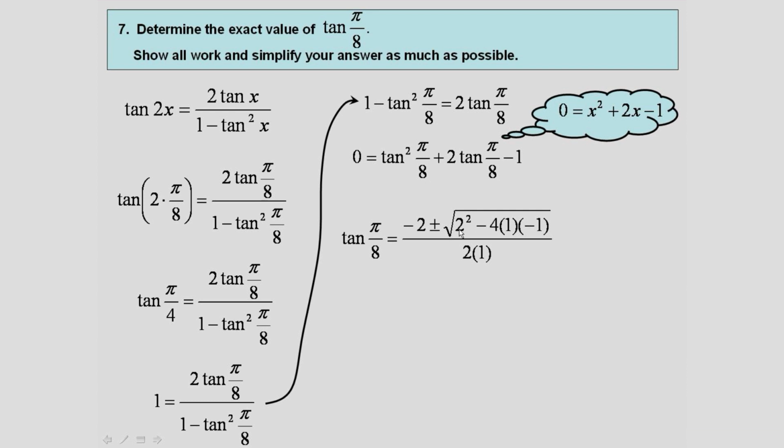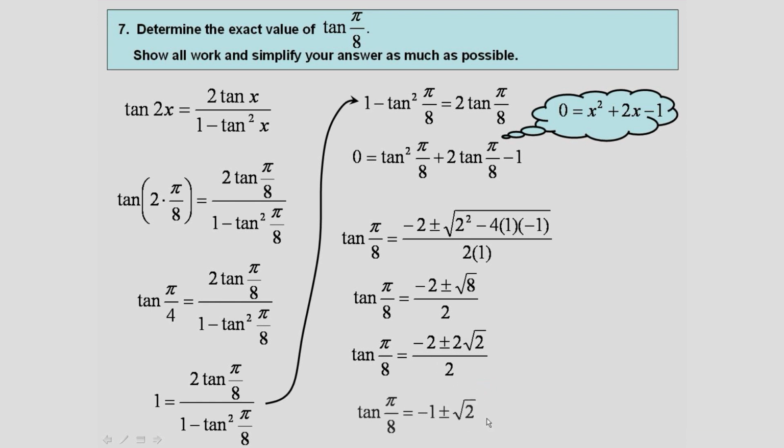And there's your formula there. It's negative b plus or minus root b squared minus 4ac all over 2a. If we simplify this a bit, evaluate it, we get root 8. Root 8 can be written as root 4 times root 2, which simplifies to 2 root 2. There it is. And we can divide 2 into both pieces of our numerator, giving us this.